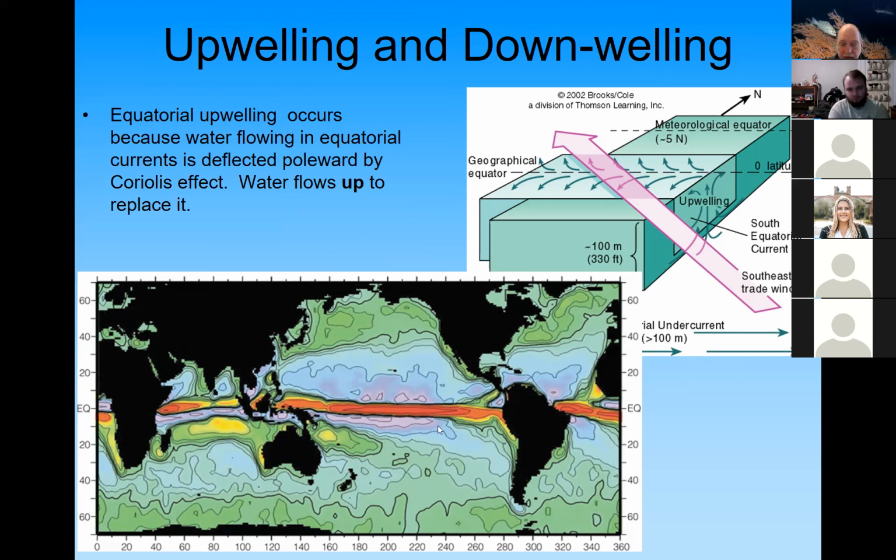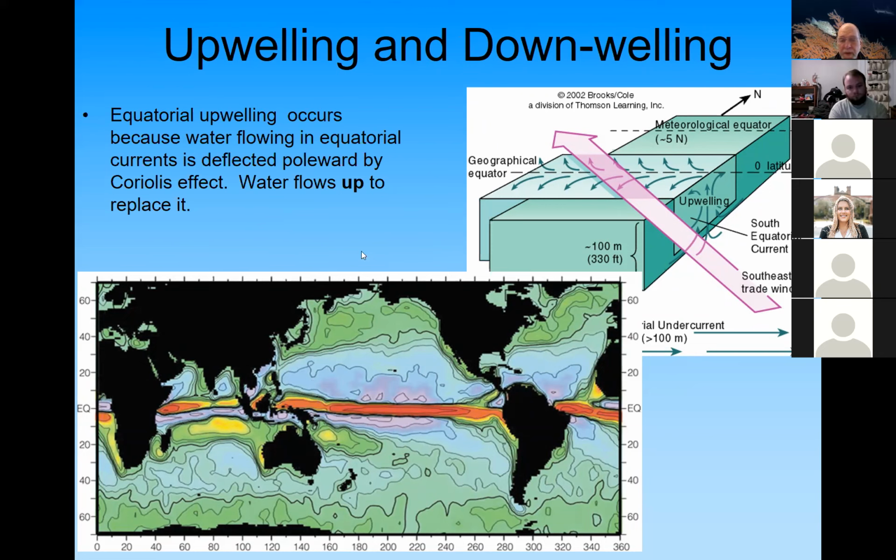So you get a band of high productivity along the equator as a result of water upwelling to replace this divergent surface flow near the equator. That upwelling water brings with it nutrients, and so you get a region of high productivity along the equator, and this region of high productivity is particularly prominent in the equatorial Pacific.